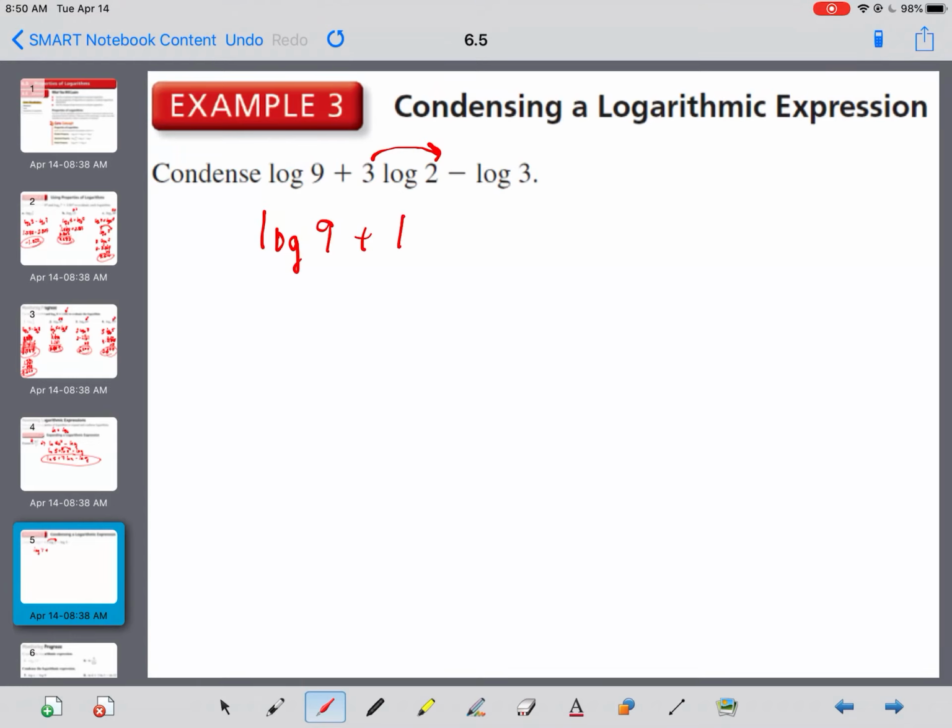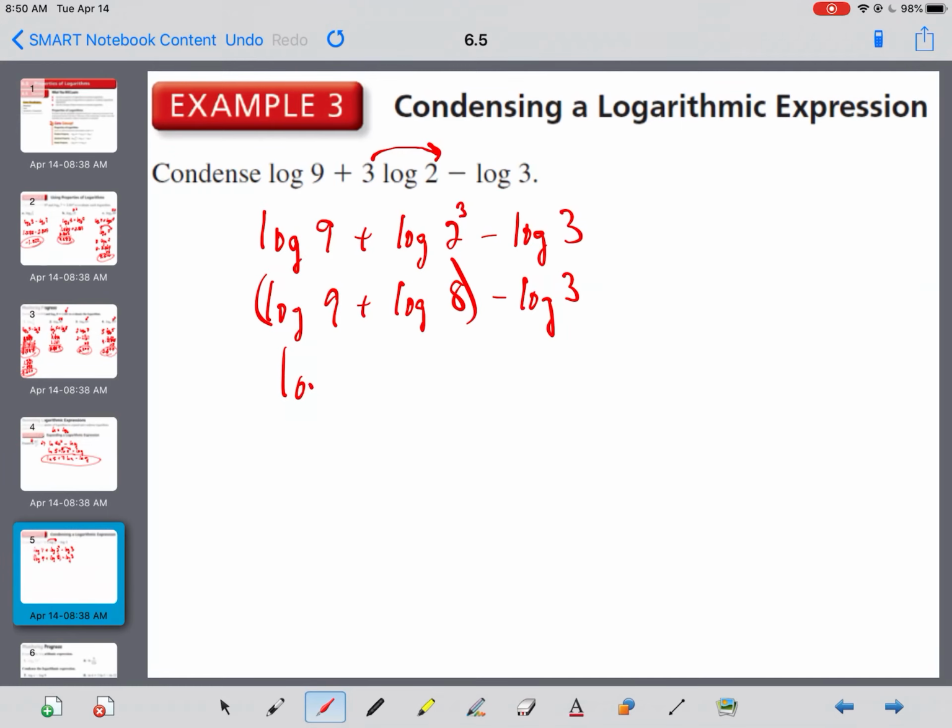So what I'm going to condense first is the 3 is going to come back here on the 2. So we get log of 9 plus log of 2 to the third minus log of 3. Okay. Now I would actually do 2 to the third because it's not that bad. It's not a variable. So I would say that's probably log of 9 plus log of 8 minus log of 3.